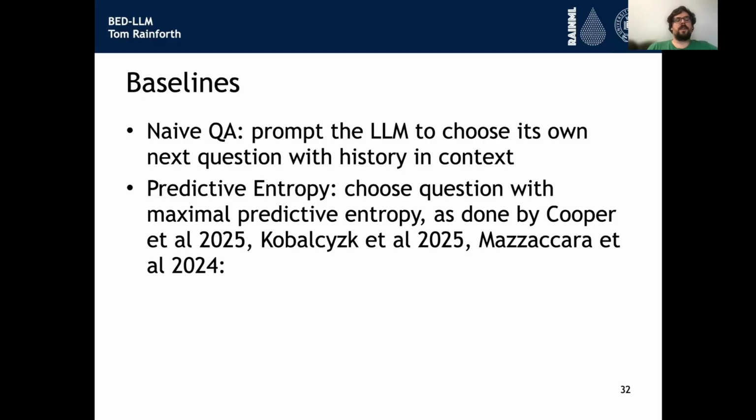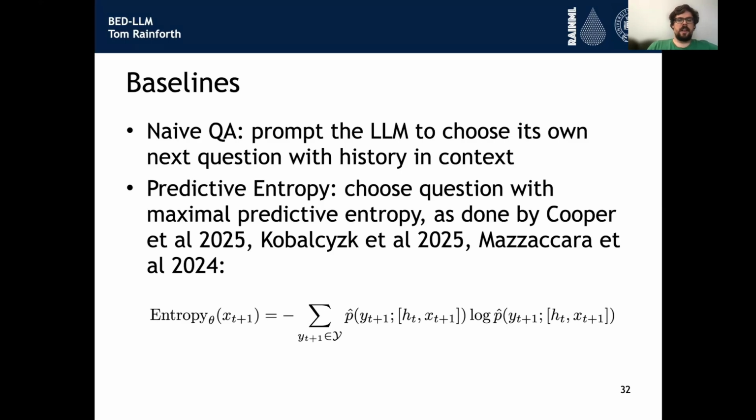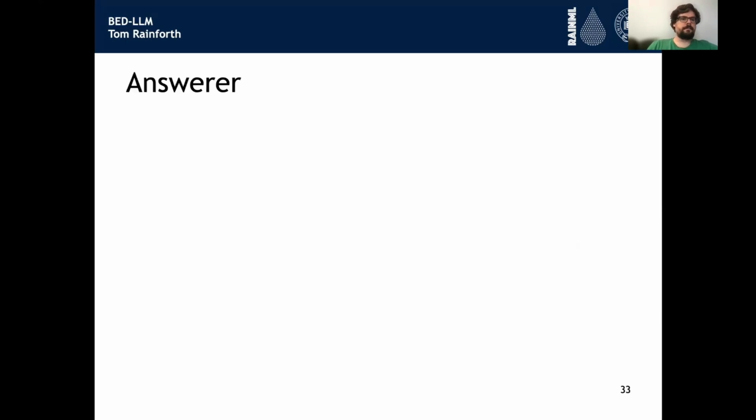So we're going to choose a question for which we're least certain about the answer. This is what previous attempts at doing more model-based decisions have been within this LLM context. So this is just going to be using this direct marginal entropy estimate.